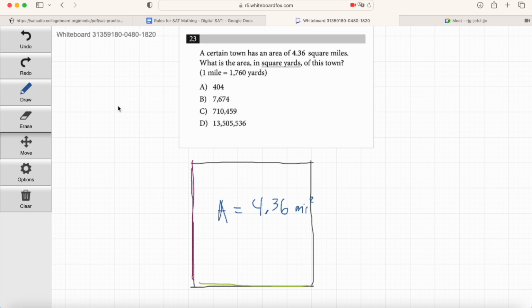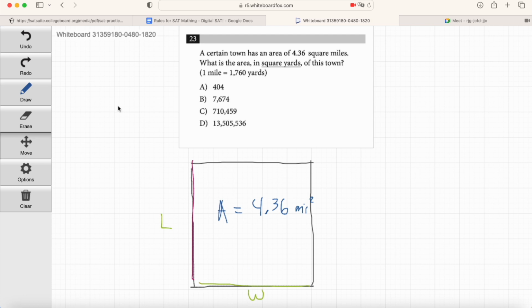Do you know how to calculate the length and the width here of this square town based on the area? You can say no if you don't know. Well, if the area is the length times the width, and these lengths and widths are equal, then you divide it by 2.